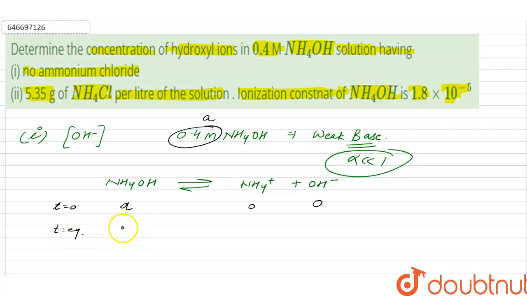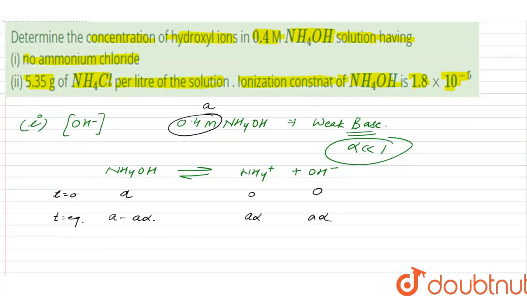At equilibrium, the concentration of ions will be A alpha, and the concentration of NH4OH will remain as A minus A alpha. And we know alpha here is the dissociation constant.